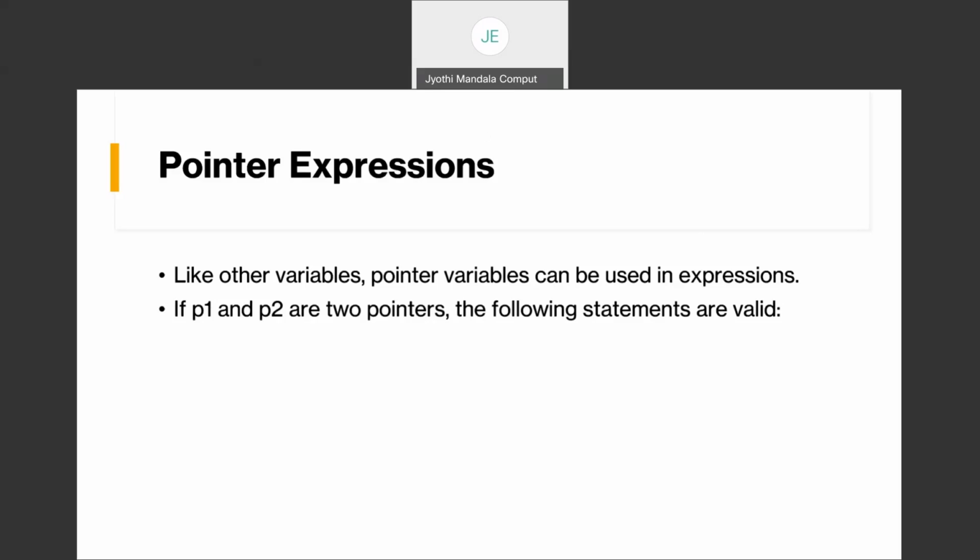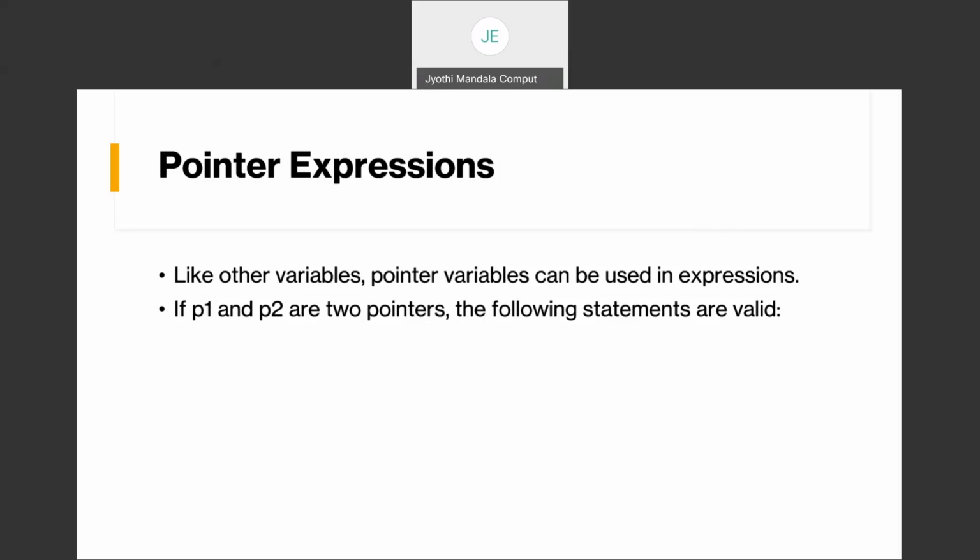You already know what an expression is: it is nothing but a combination of variables and operators. We have used different types of expressions, such as those combining relational operators or arithmetic operators, and we already learned how to evaluate an arithmetic expression.